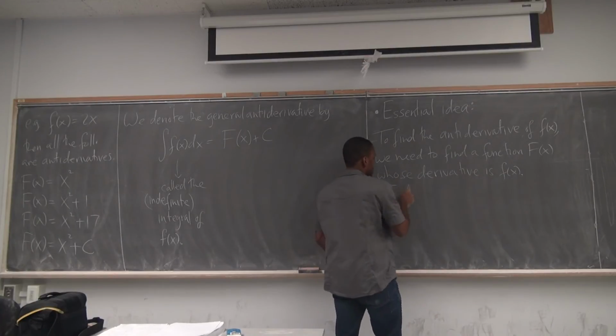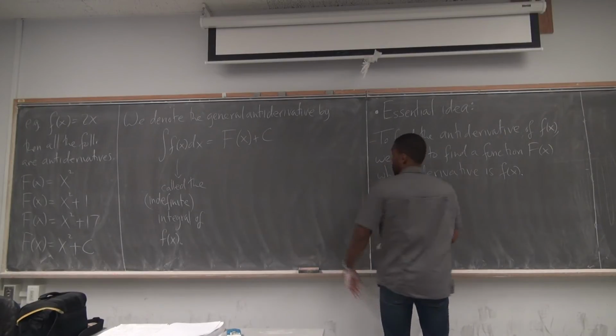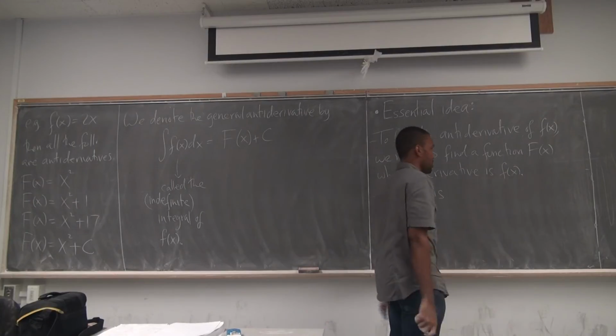To do this, we can simply reverse all our derivative rules. So instead of going through the long way of Riemann sums, and I can prove to you the formulas, we can just reverse the formulas that we already have.